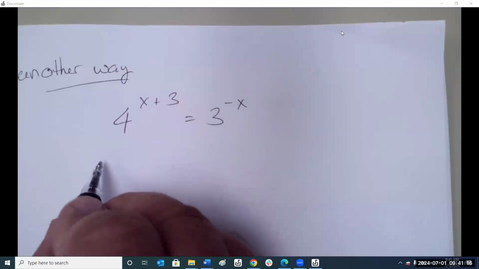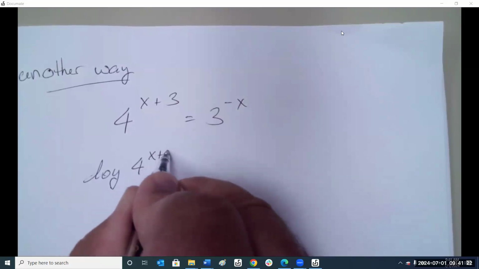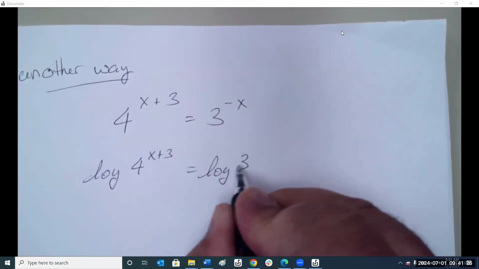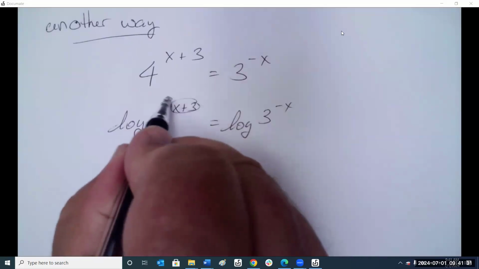Do the same thing, take the log of both sides. The exponents come down.